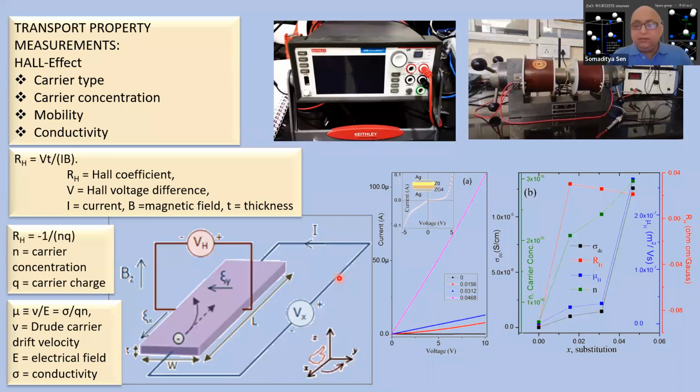Okay. From here, the next thing that we check is the transport property measurements. The transport property measurement is a very important thing in all types of semiconductors, and that is done by using a Hall probe measurement. The Hall probe measurement is nothing but we take a semiconductor and apply an electric field along this direction. That means we drive a current through it.